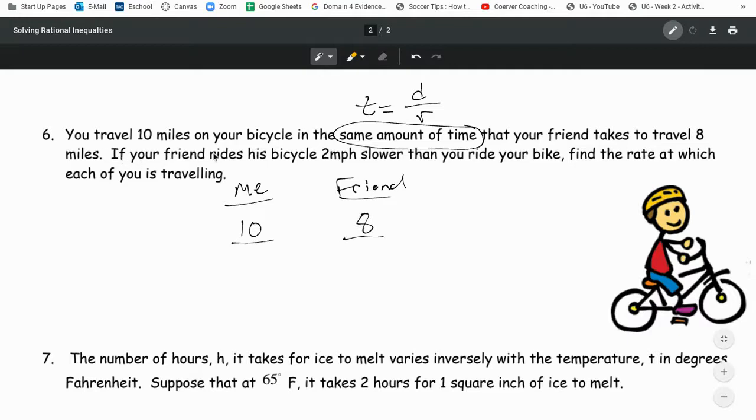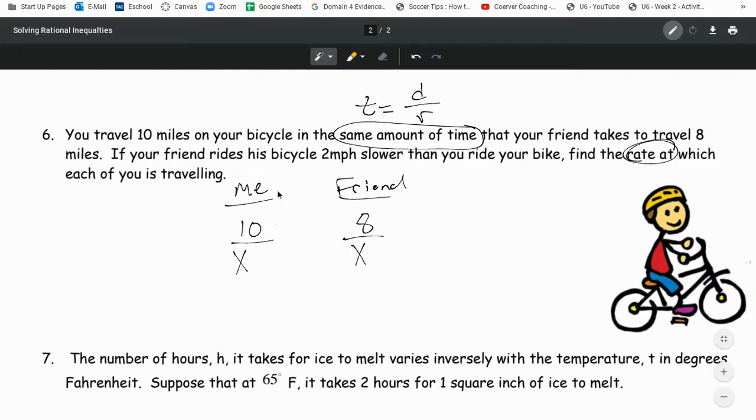It says if your friend rides his bike 2 miles per hour slower than you ride your bike, find the rate. So we're trying to find the rate, the denominator, at which each of you is traveling. We don't know how fast we are going, so we're going to use an x for me.